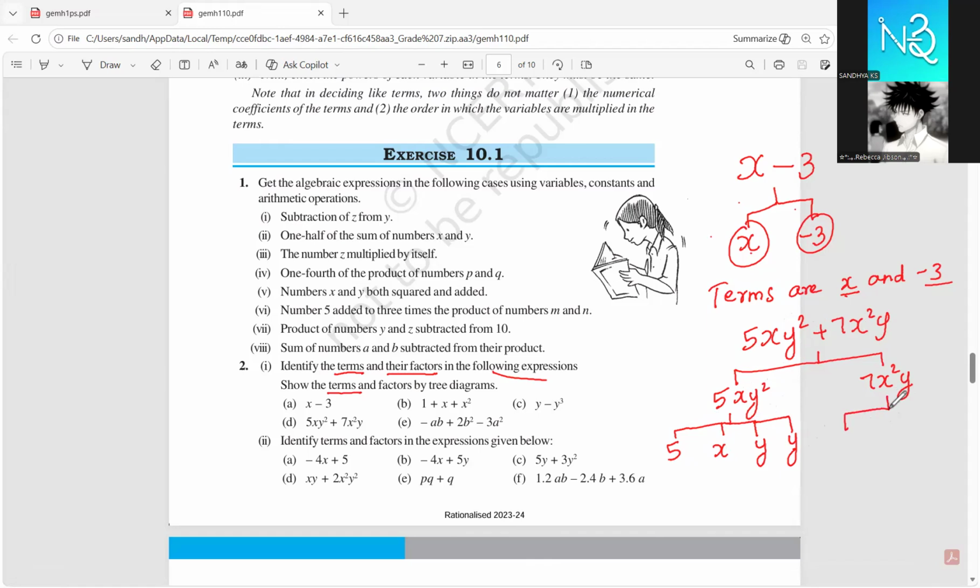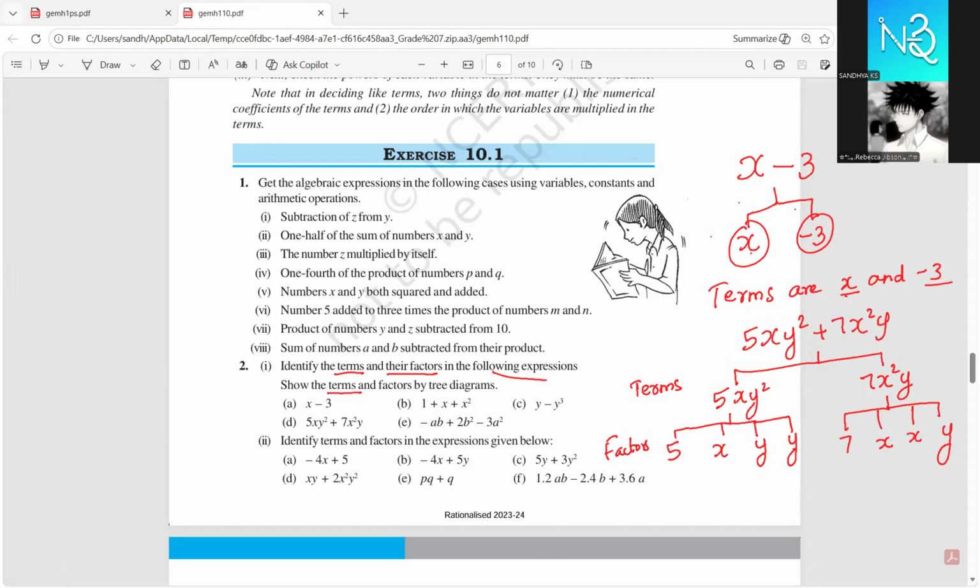For the other term, 7, x, again x, then y. So x into x is x squared, y. Clear? That's it. So these are called factors and these are called the two terms. How many terms are there in this expression? Two terms.